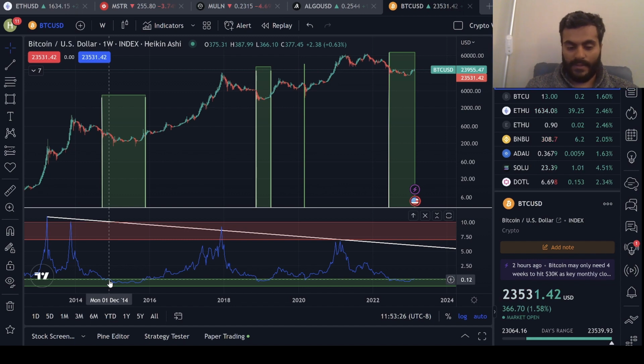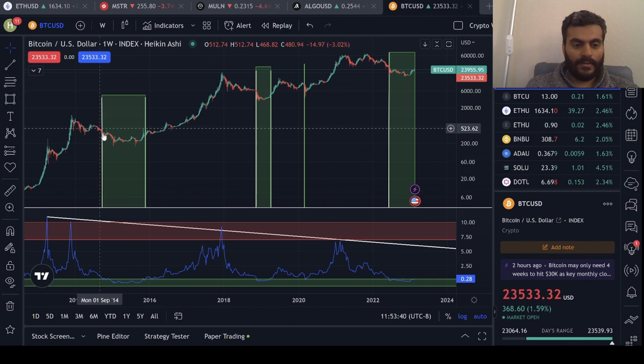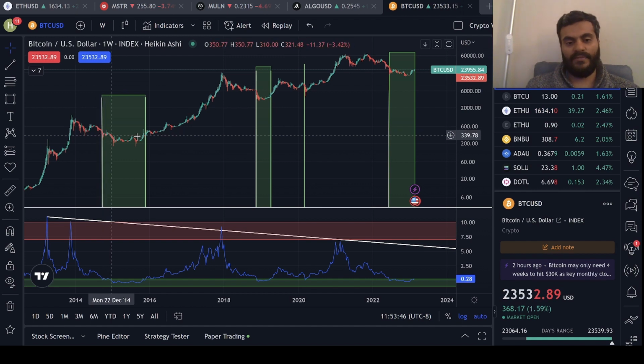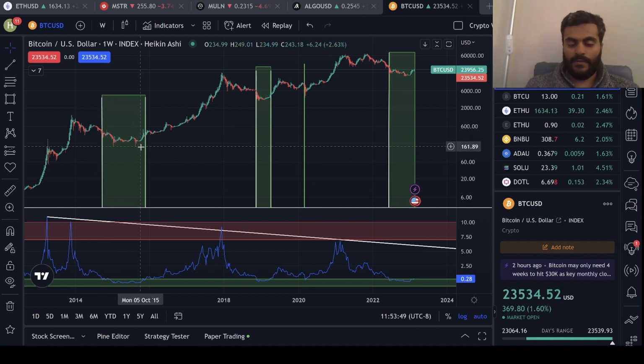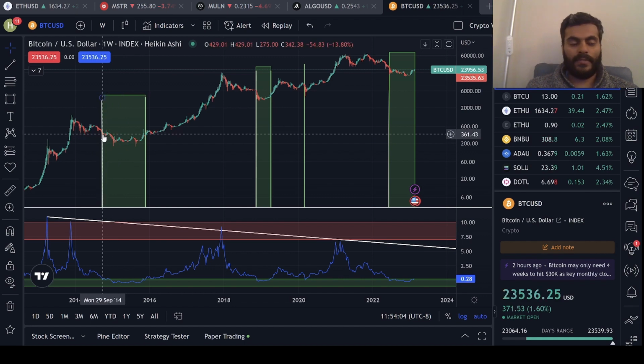So if the score is less than 0.1, that time coincides with this green zone, and you can see from the green boxes or the red rectangles on Bitcoin's price action that if an investor were to start accumulating or buying for the first time during these phases of the market, where the MVRV Z-score provides a flag to signal Bitcoin is undervalued, the market participant would be in a better shape, because they might be buying Bitcoin at least 70% down from its peak in this first cycle, where the peak was around 1100.